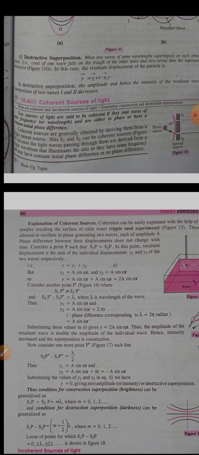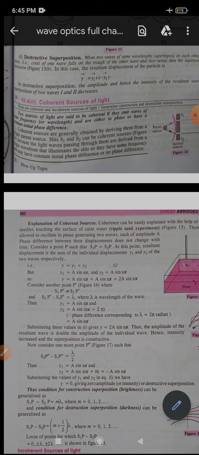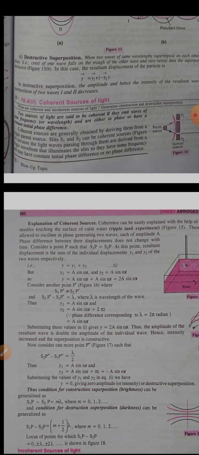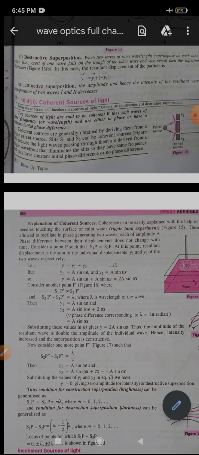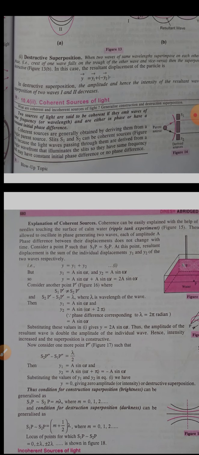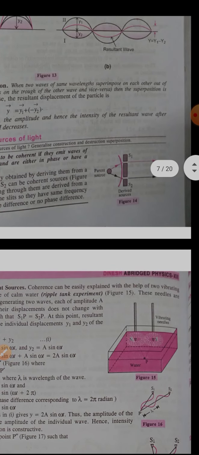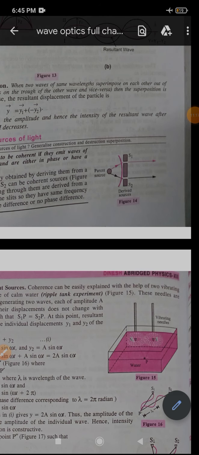Next we have coherent sources of light. Two sources of light are said to be coherent if they emit waves of the same frequency or the same wavelength and are either in phase or have a constant initial phase difference. Those types of sources are known as coherent sources. In this diagram we can see this is the parent source.